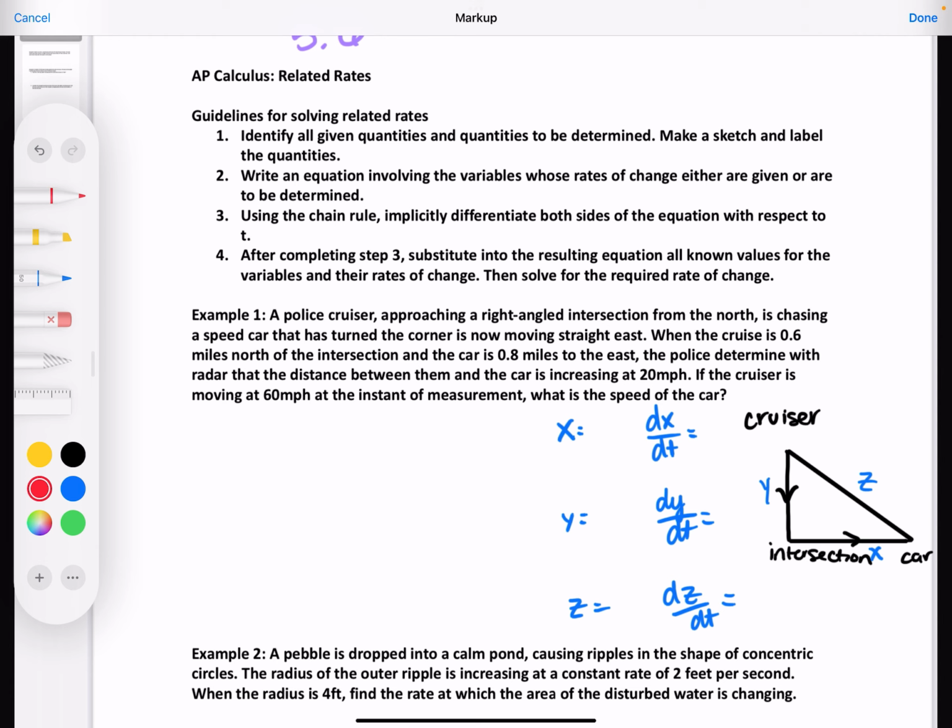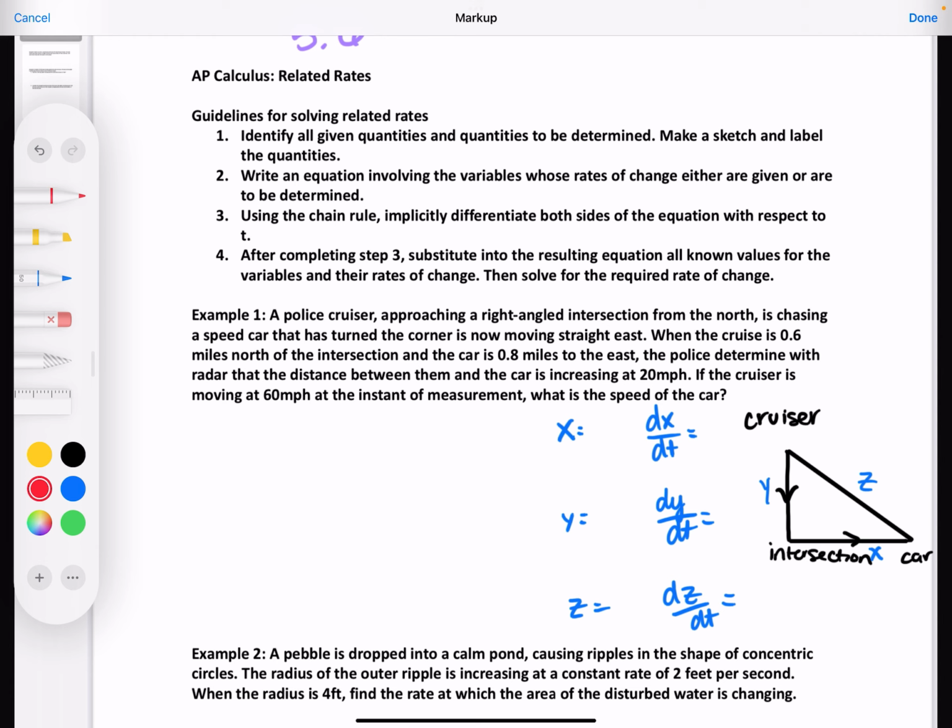The police determine with radar the distance between them and the car is increasing at 20 miles per hour. When you see something like that, that's indicating your rates, which are going to be your derivative values. So the distance between them and the car, the radar distance, is increasing at 20 miles per hour.